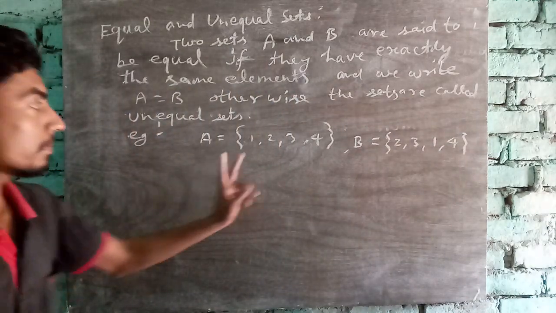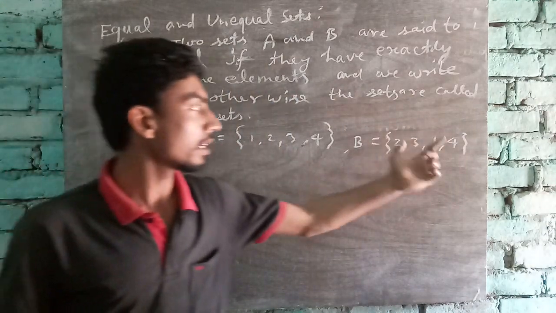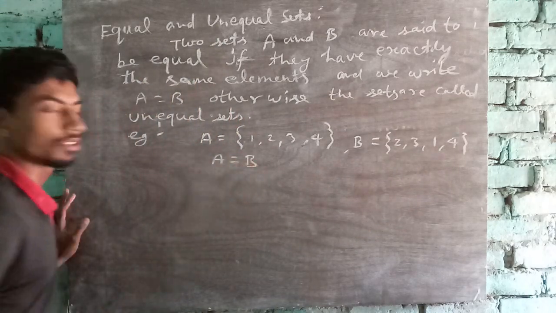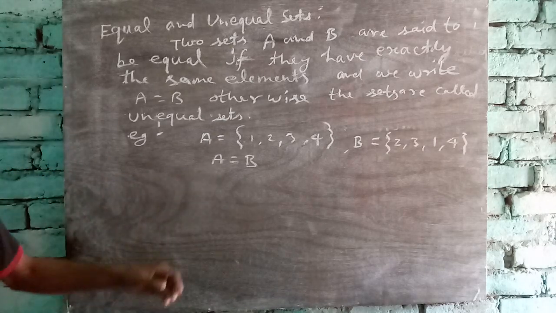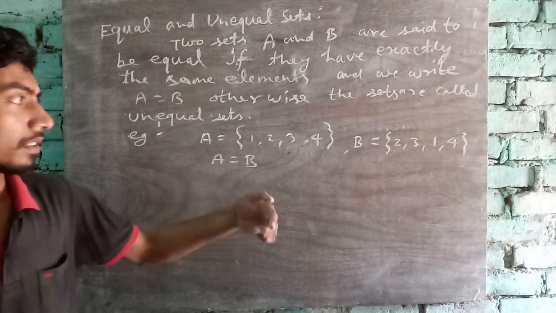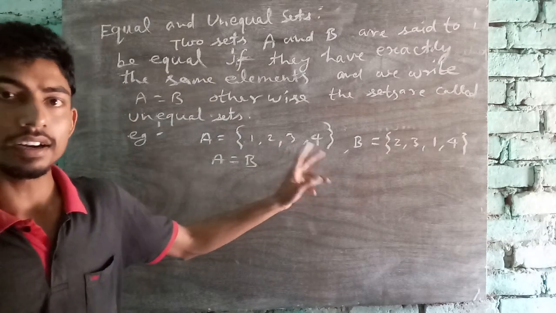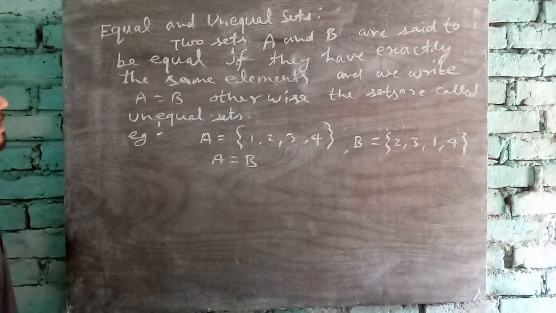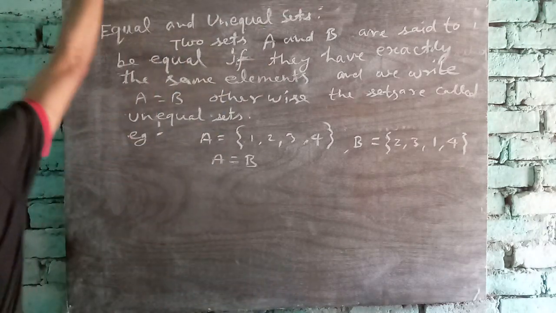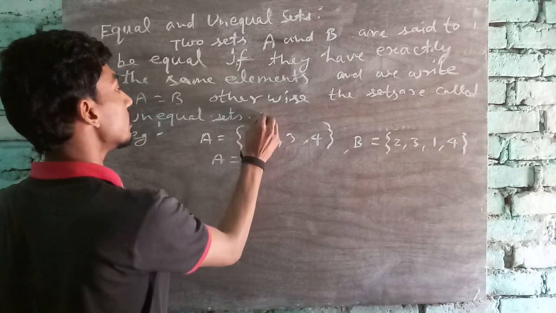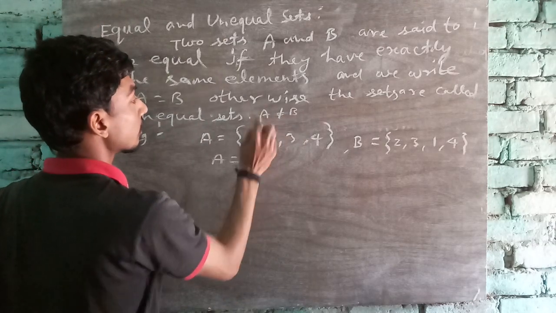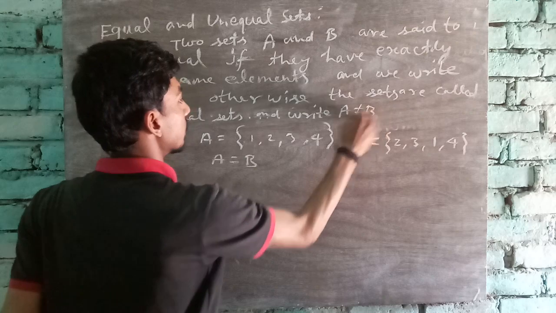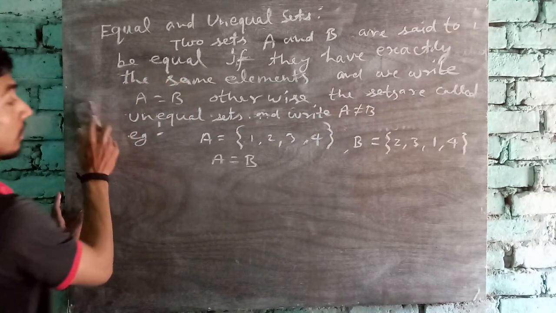Here the elements of set A are the elements of set B, therefore we can write A is equal to B. If the elements of set A are not the elements of set B, then we say A is not equal to B. We write unequal sets as A is not equal to B.